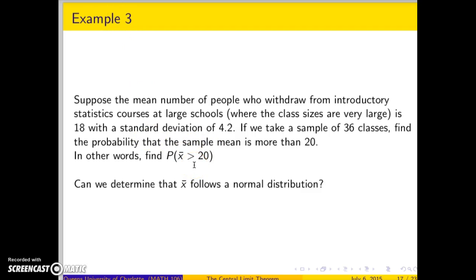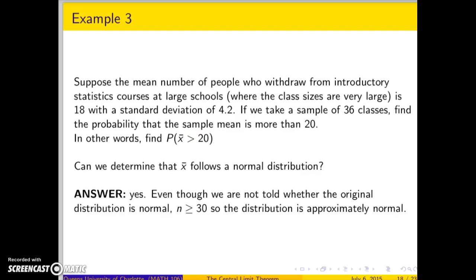So the first question we want to ask is, does x bar follow a normal distribution? Well, in this problem, we have not been told that the population follows a normal distribution. That means that we have to look at the sample size. As long as our sample size is greater than 30, and it's 36, which is large, our sample mean then follows a normal distribution.